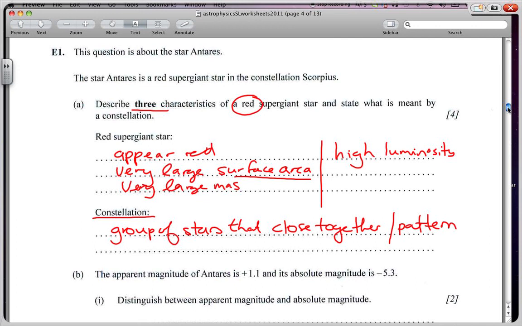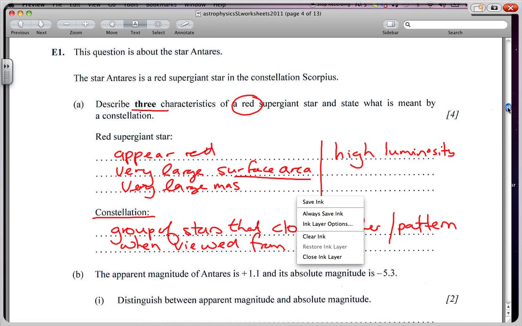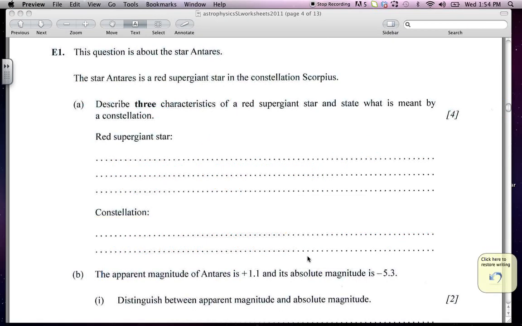In the past, people have made patterns when viewed from the Earth. They may in actual fact not be close together, may be quite distant apart, but when viewed from the Earth, they seem to be in the same vicinity of the night sky. Okay, good, so that was that.